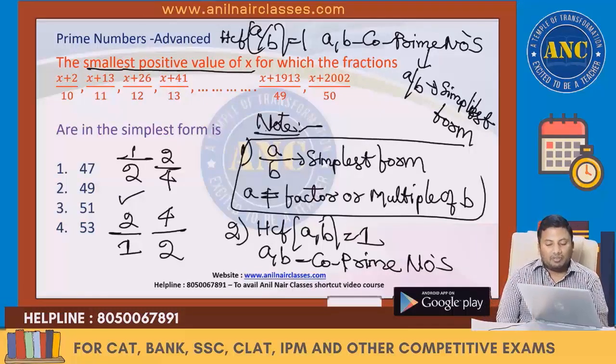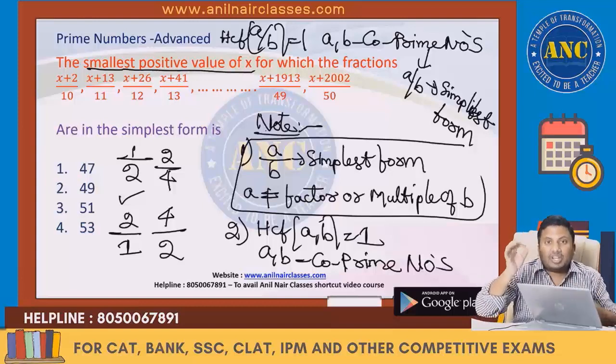A fraction will be in its simplest form only when the numerator is not a factor of the denominator. 2 by 4 is not in its simplest form because 2 is a factor of 4. 4 by 2 is not in its simplest form because 4 is a multiple of 2.